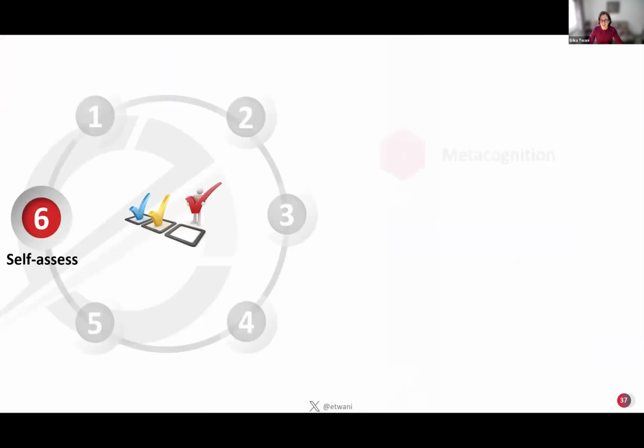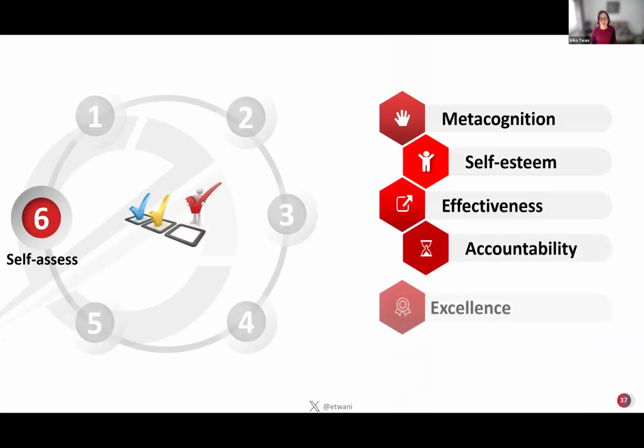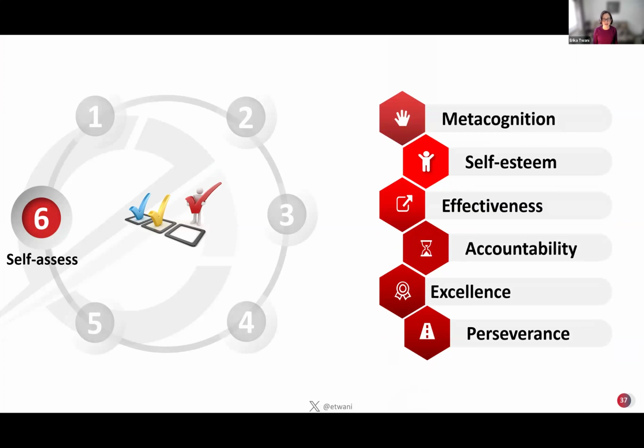Finally, self-assess. Whoa, self-assess. There's a very nice chapter in my book where I explain what self-assess is all about, and there are tons of stories there for you to understand it. But every time that we practice this with the students, we're developing metacognition.